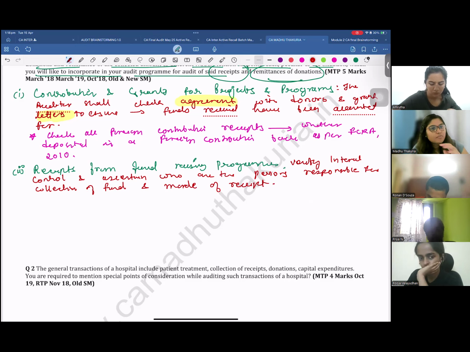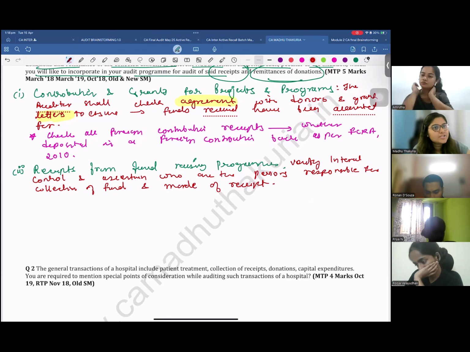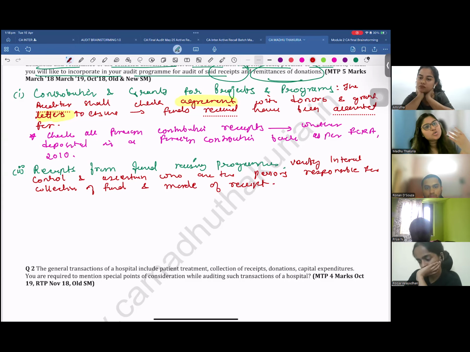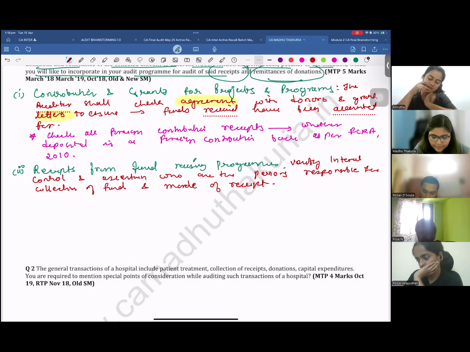Now, in case of fundraising programs, they receive a lot of cash, because giving donation in cash is always easy. I can choose to give 5 rupees, 50 rupees, 500 rupees, 1000 rupees, depending on the capacity that I want to give. So these NGOs receive a lot of cash, right?